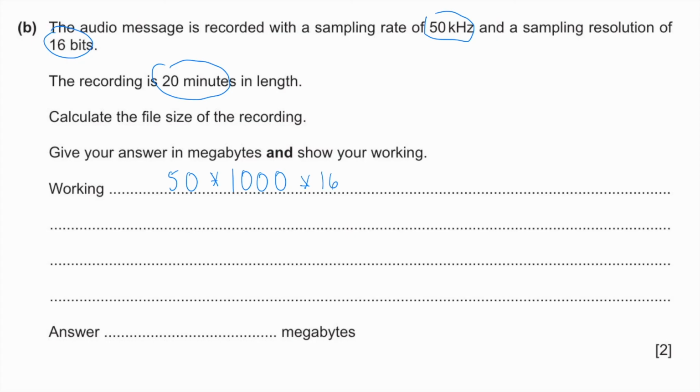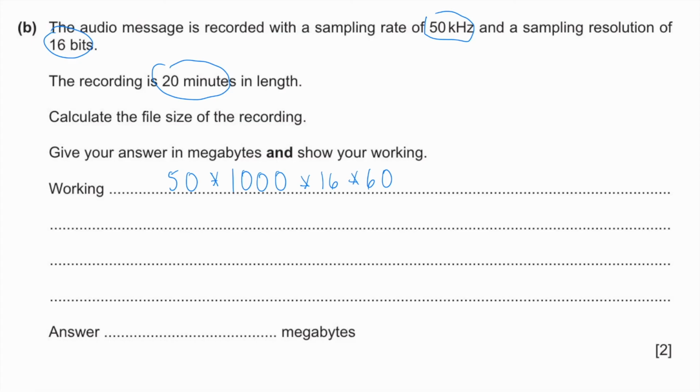So this is going to give us the number of bits for 1 second. But we have 60 seconds in 1 minute. So we're going to multiply that by 60 to give us the number of bits used per 1 minute. And then we have 60 minutes in 1 hour. So actually, we don't really need to go that far.